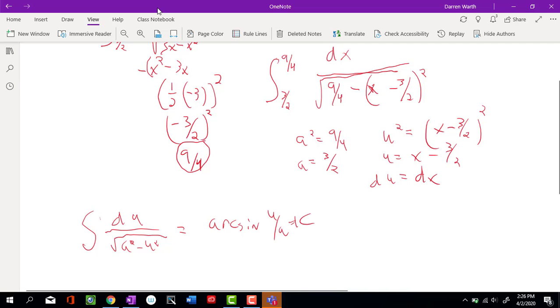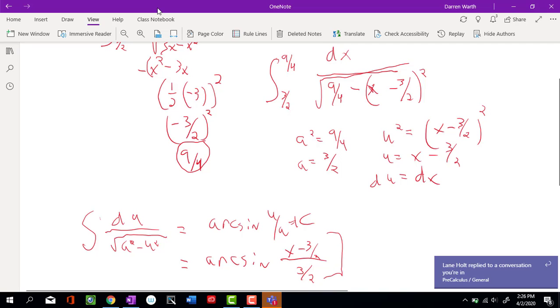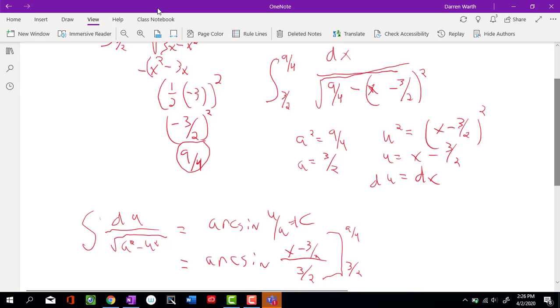In this case, of course, we have a definite integral, so I won't be putting in my c, but it does fit the pattern, so this is going to equal the arc sine, and my u in this case was x minus 3/2, all over 3/2. And then I'm going to evaluate that from 9/4 to 3/2.